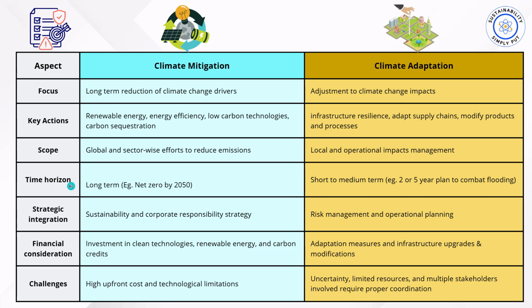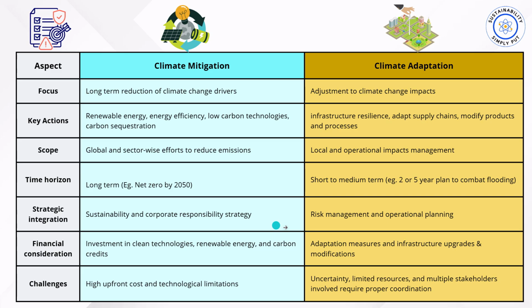Time horizon for climate mitigation is long term, for example, net zero by 2050 or 2070. Climate adaptation is more action oriented and we have to do it. It's short and medium term, maybe a 2 to 5 year plan to combat flooding. Then strategic integration for mitigation, you can find it in sustainability or corporate responsibility strategies or such kind of discussion happening at policy level for the government.